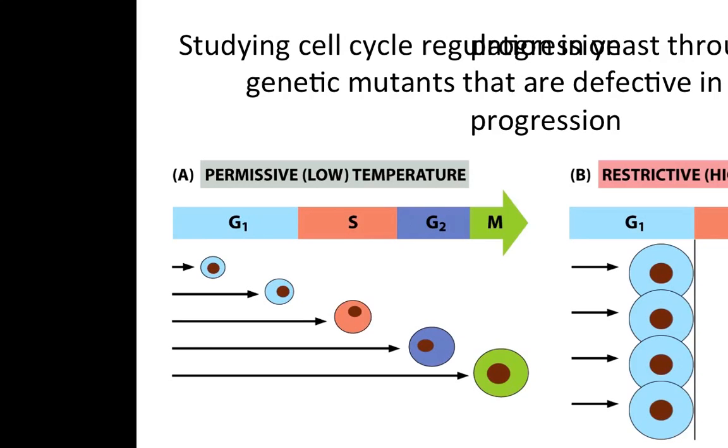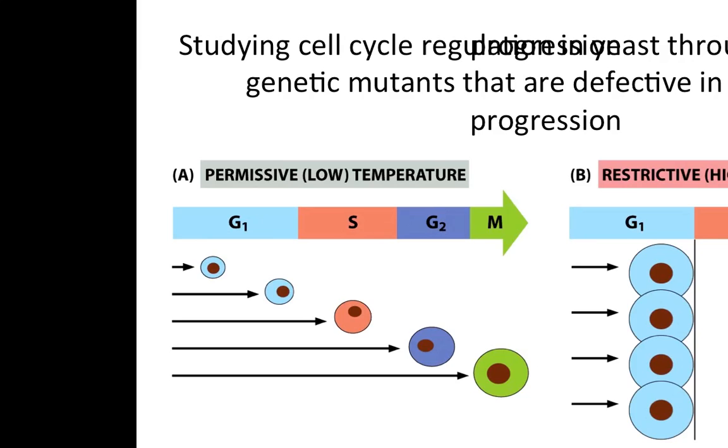The example I'm showing here has your G1, S, G2, M, that's your cell cycle, and you've got these cells growing in culture, and they're all at different phases of the cell cycle because they're not usually synchronized, right? And then when you increase the temperature in some mutants, that will cause the one gene you're studying to be mutated or misfolded or not function properly.